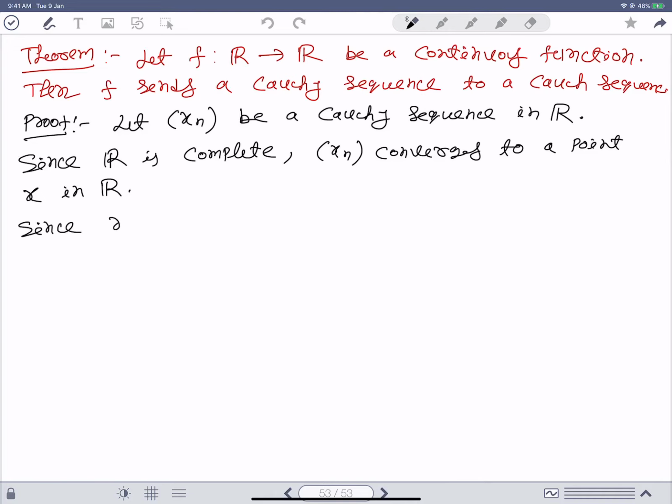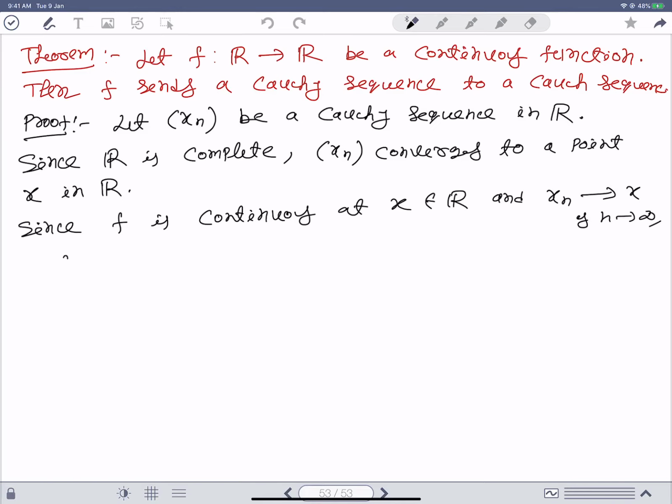Now since f is continuous at x, and xn converges to x, therefore f of xn converges to f of x.